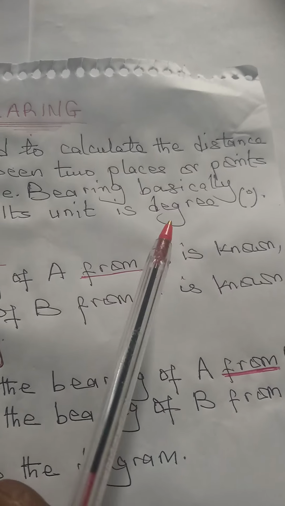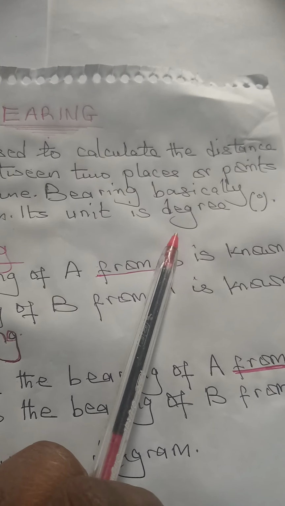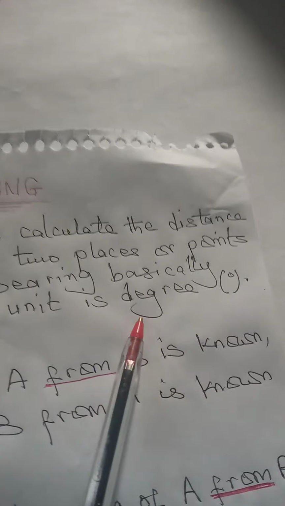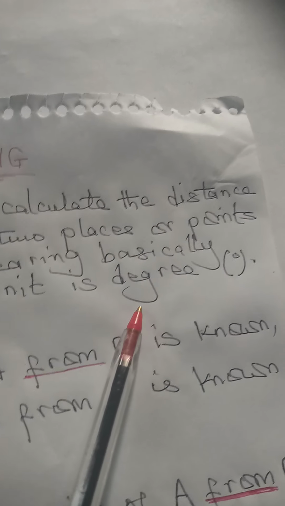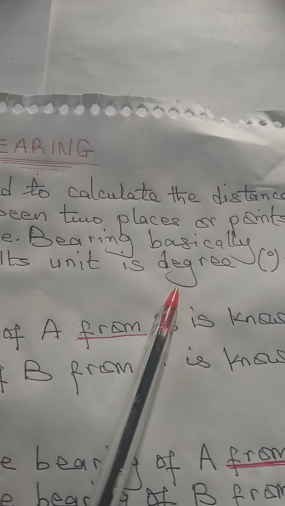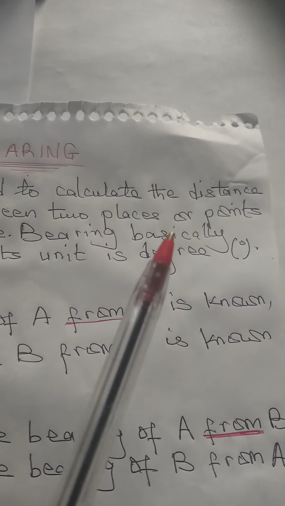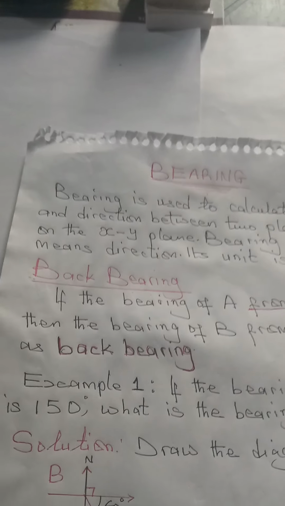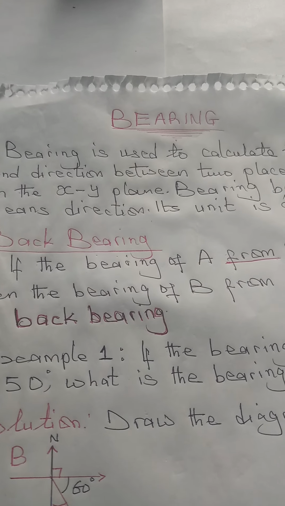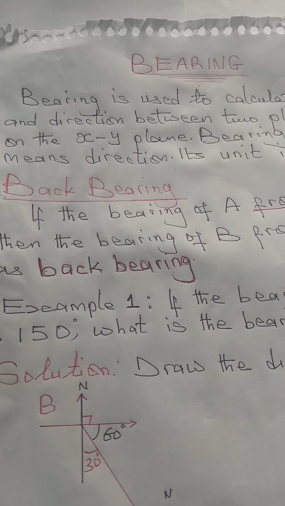The unit of bearing is primarily in degrees, though you can also have it in other units. But for this lesson, we're going to be using degrees as the unit of bearing. So far, what have we discussed? We've been able to introduce this topic, bearing.